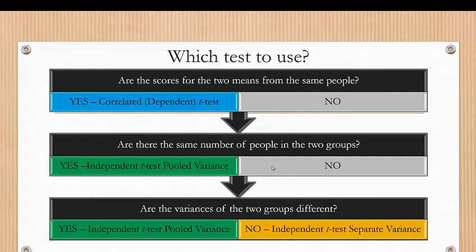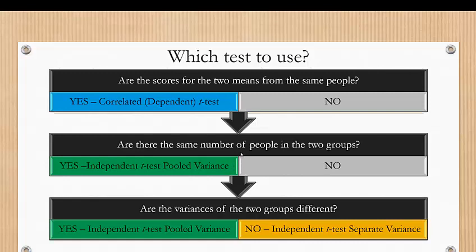But for the sake of this, we're going to say yes. Okay, and we'll see later what to do if they're different. Okay, if they're different, we're going to have to consider using the separate variance. But for the sake of this, we're going to say yes. So now we can go over here to the green table and do an independent t-test for a pooled variance.